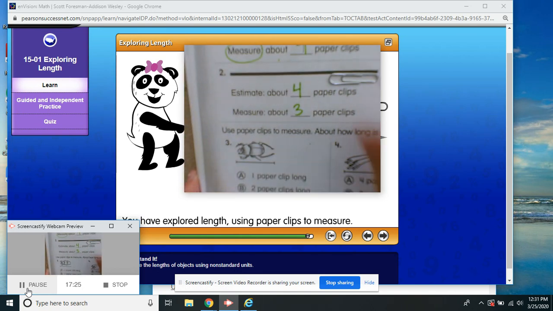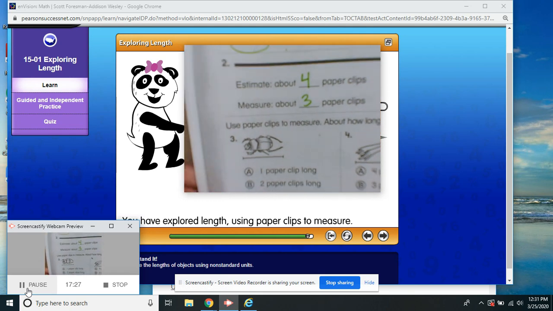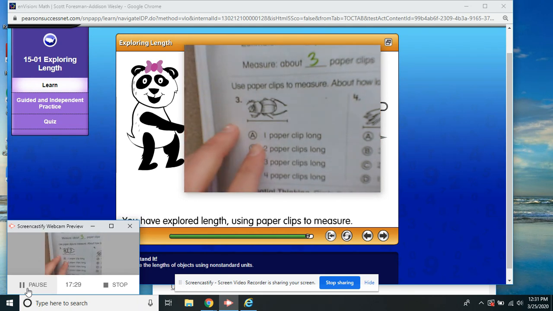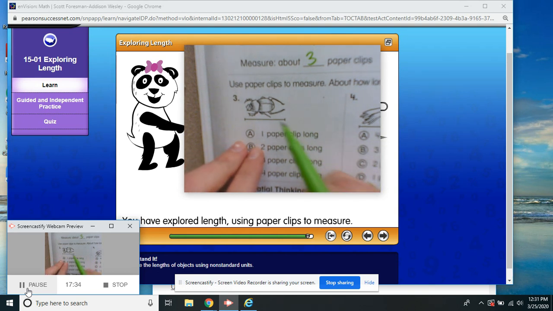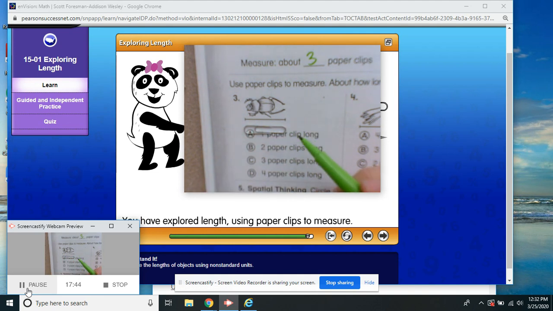Let's move down to number 3. Use paper clips to measure about how long is each animal's picture. So let's measure this beetle. Do you think it's 1, 2, 3, or 4 paper clips long? I want you to take a guess. If I'm using my paper clip to measure, I am using 1 paper clip.